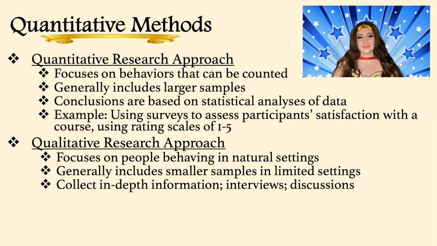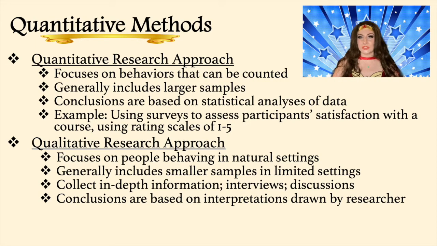But with this approach, we're able to collect more in-depth information using interviews, discussions, focus groups, etc. And so the conclusions that we draw from qualitative research approaches are based on the interpretations of all of these verbal exchanges that we've had with our participants.